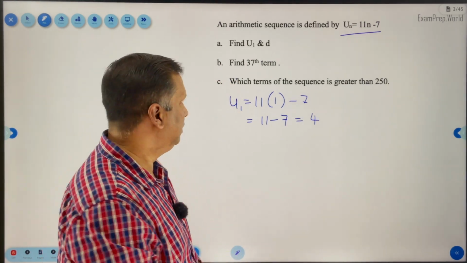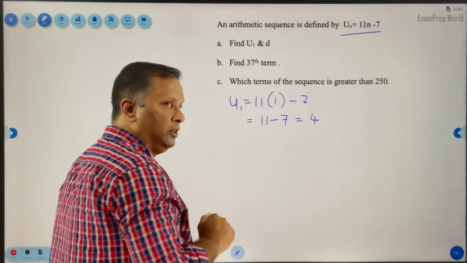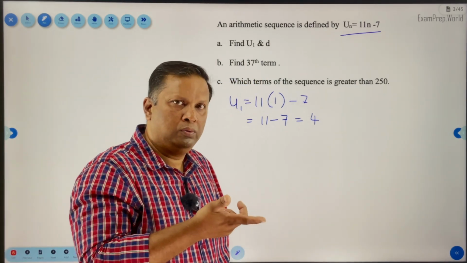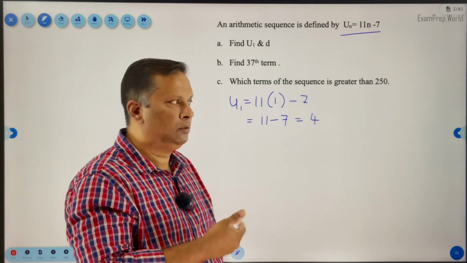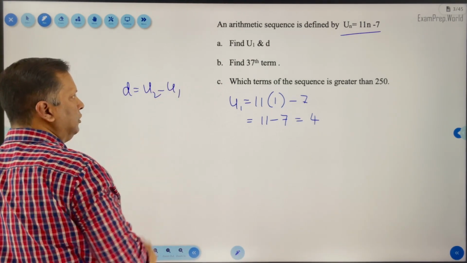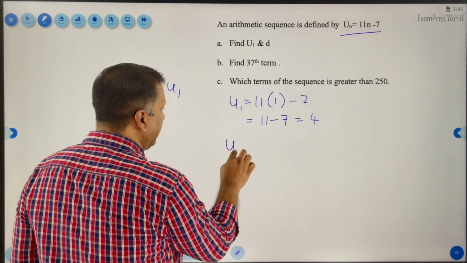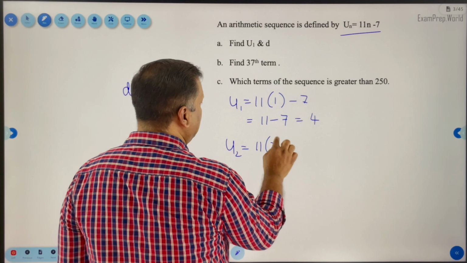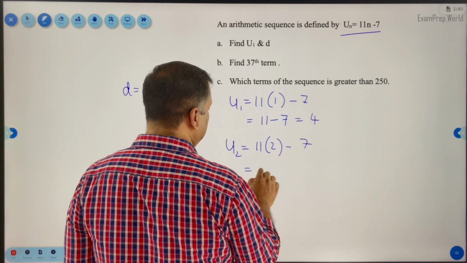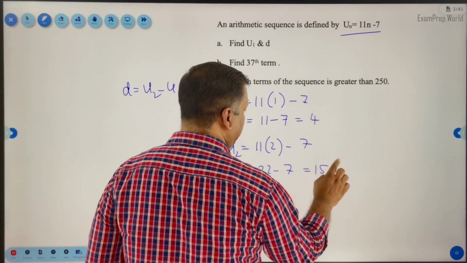Now, what about the 37th term and d? We have to find d. To find d, find u2 and then subtract u2 minus u1. We know that d is u2 minus u1. Now u1 we already have. Find u2. u2 will be 11 times 2 minus 7, so it is 22 minus 7, which is 15.